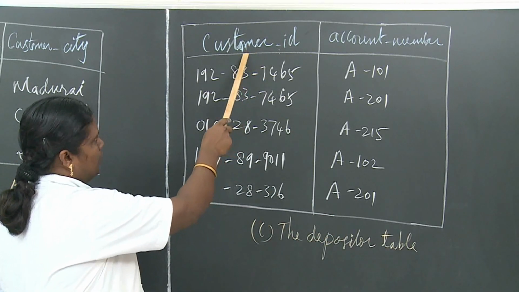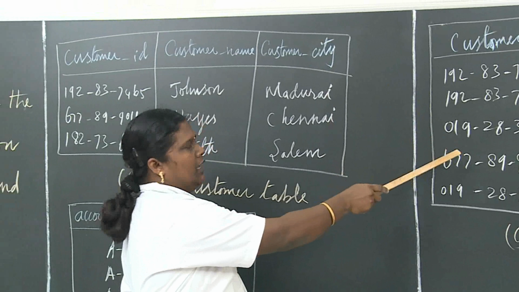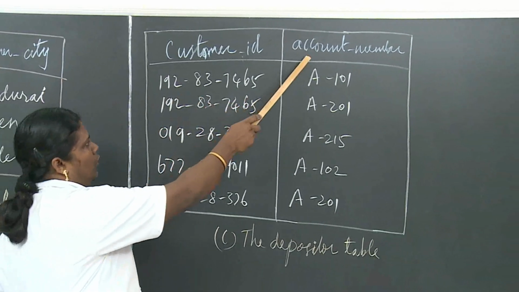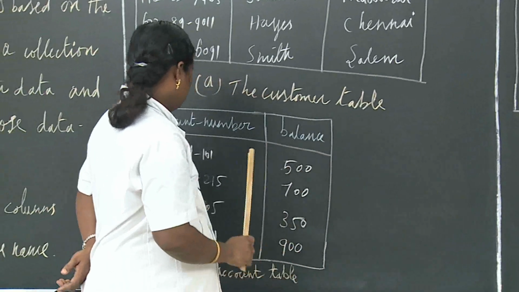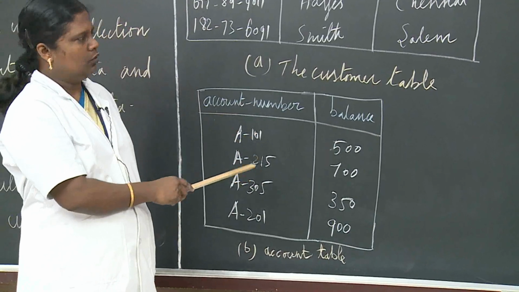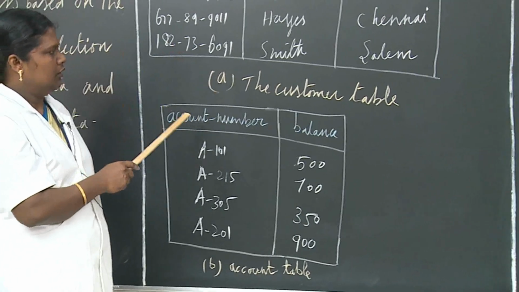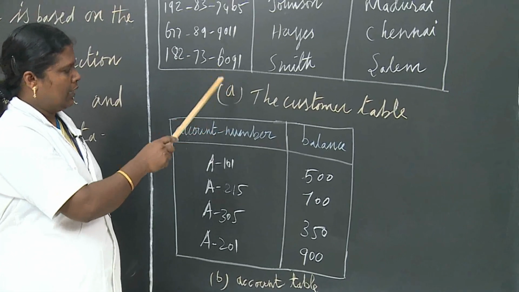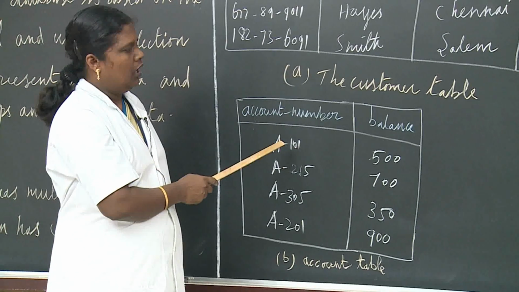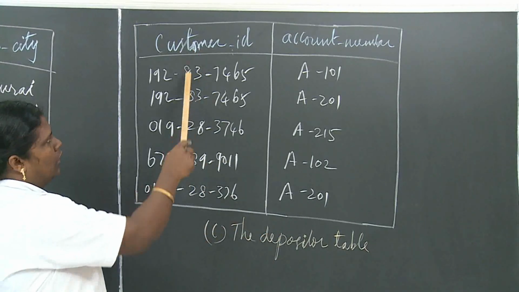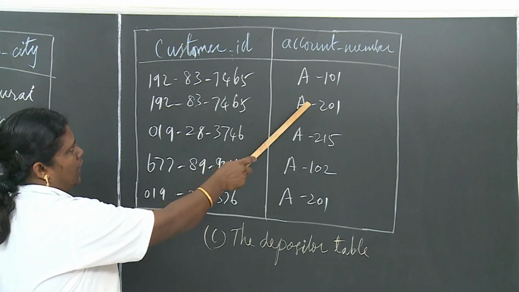It includes customer ID from the customer table and account number from the account table. These are relations, also internally called tables. Combining these two relations forms the third relation called depositor, which includes two columns: customer ID as well as account number.